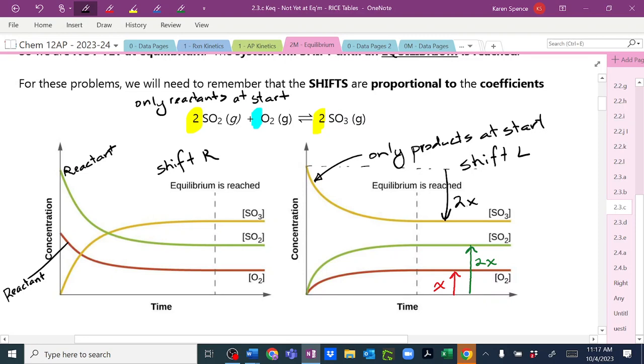So we're going to use those coefficients in some math. So you have to remember the shifts are proportional to the coefficients.